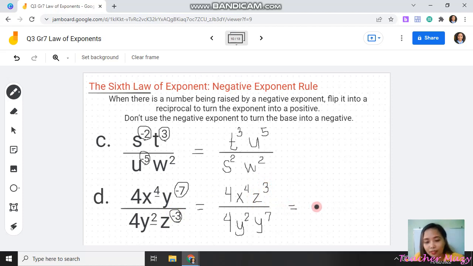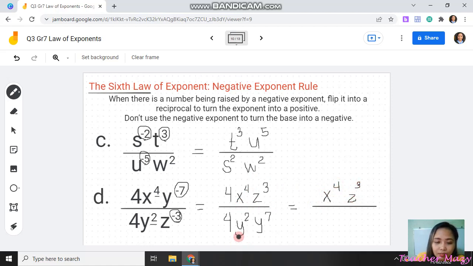Okay, so we can still simplify it. Ayan, 4 divided by 4 is equal to 1, so kahit hindi na natin siya isama dahil 1 na ang kanyang numerical coefficient. Next is x raised to 4, and then z raised to 3.